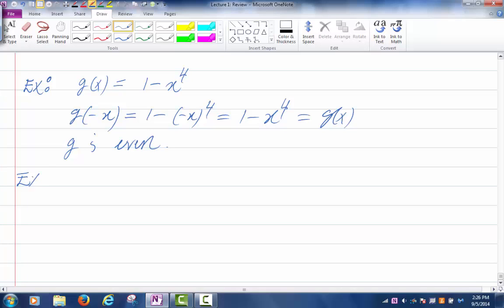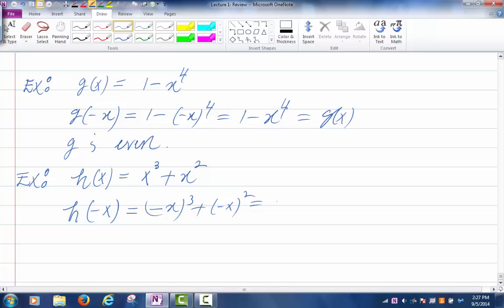Well, can you have functions which are neither? Can you give me an example of a function which is neither even nor odd? X cubed plus x squared. Yeah, it's a very good example. X cubed plus x squared. Notice that if I have h of negative x, that's going to be what? Negative x cubed plus negative x squared, which would be negative x cubed plus x squared.